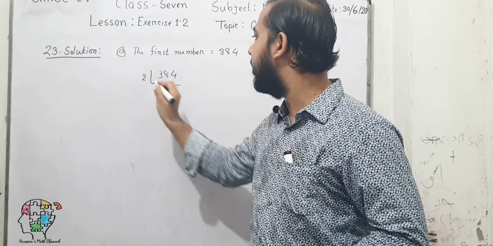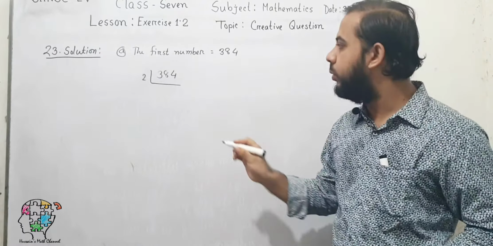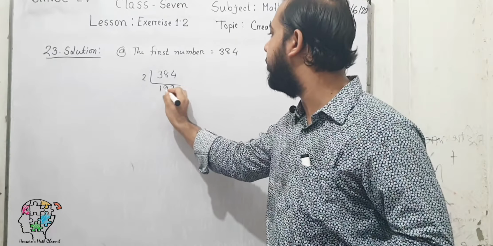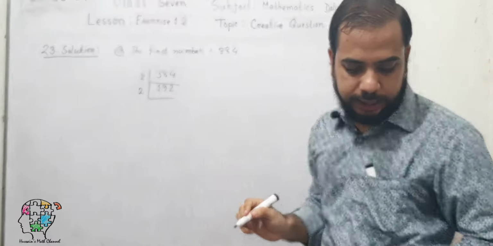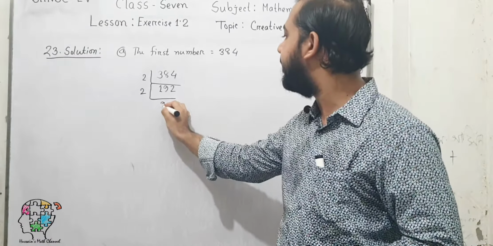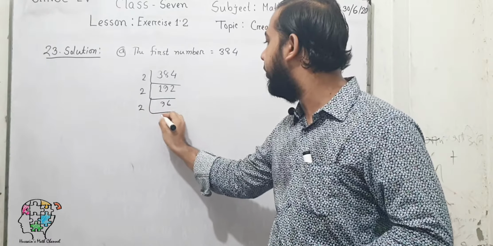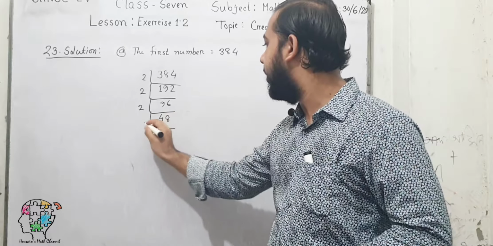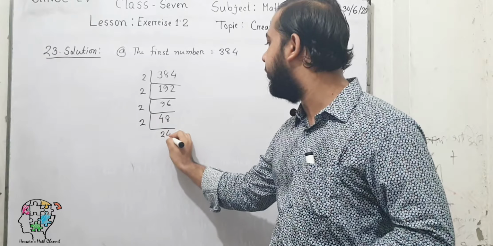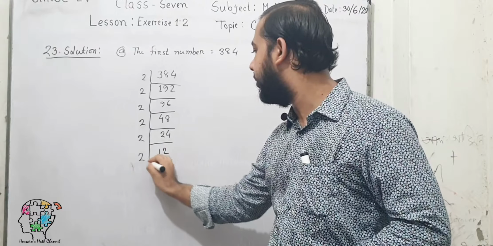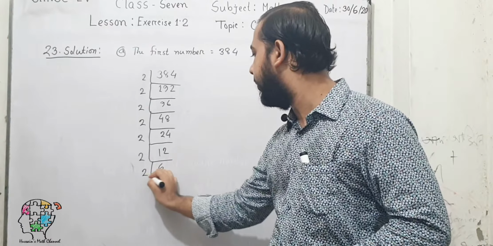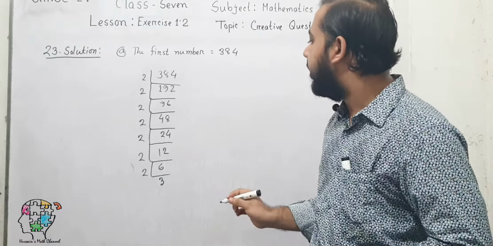Now if we divide it by 2, we will get 192. Again, if we divide it by 2, we will get 96. Then we get 48, then 24, then 12, then 6, and finally 3.